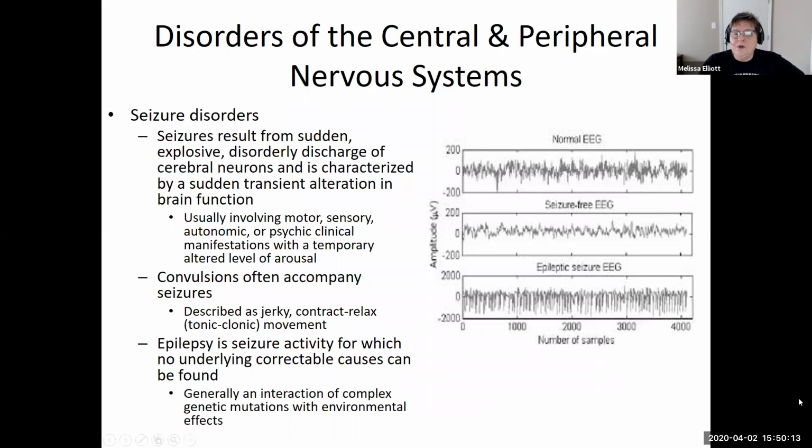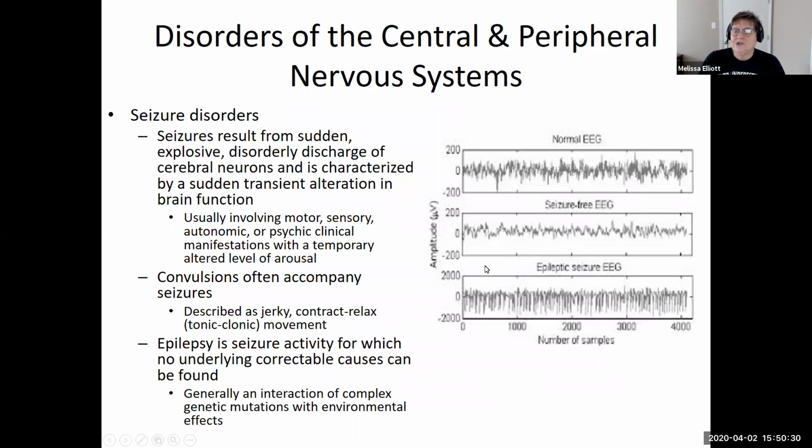diseases. So if we look over here at this picture, you can see what a normal EEG looks like. This is basically a seizure-free EEG, normal waking EEG. Here is one that is a seizure-free EEG of somebody with a seizure disorder.